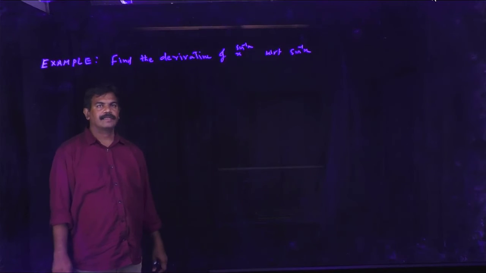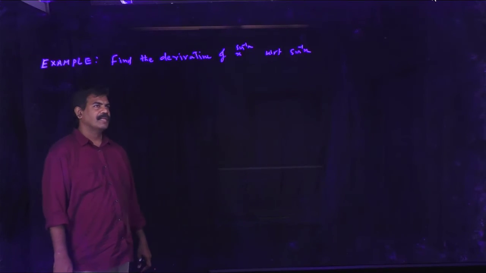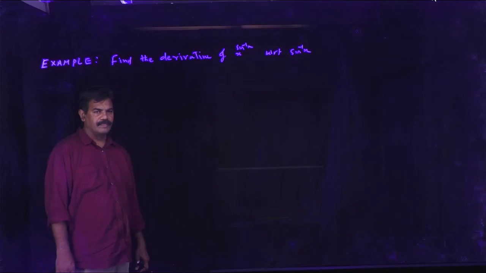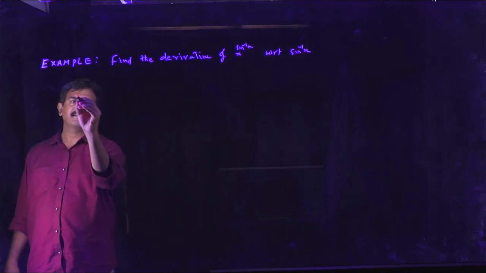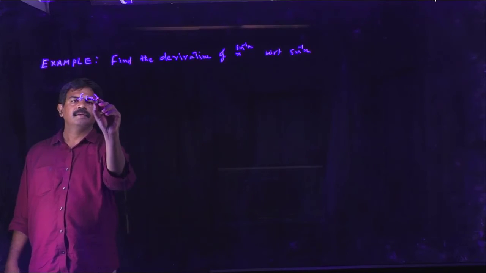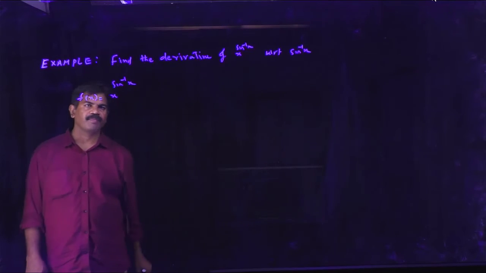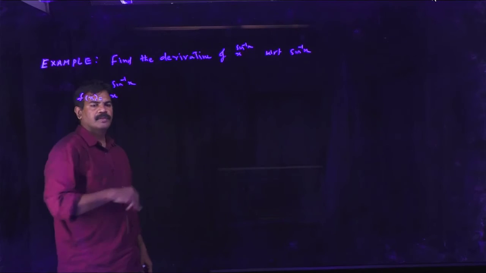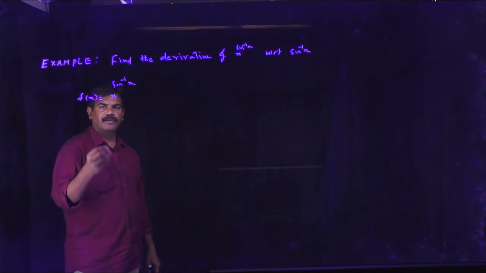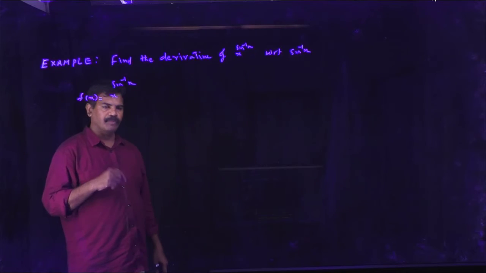See another example, that is, find the derivative of x power sin inverse x with respect to sin inverse x. So take first one as f of x, that is equal to x power sin inverse x. It is in the form of variable power variable. So before we do the differentiation, we take the logarithm on both sides.